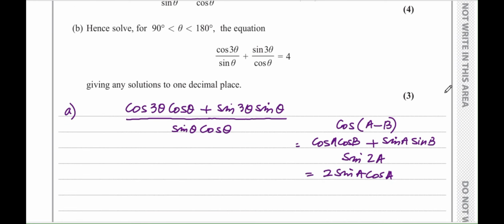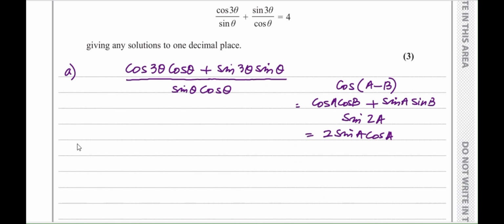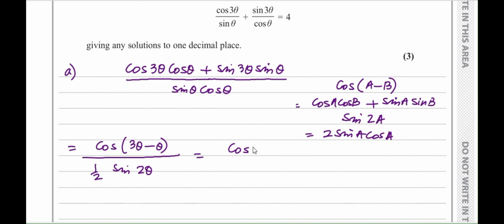So the numerator would become cos of 3 theta minus theta, and the denominator will become half of sin 2 theta. This follows cos 2 theta over half sin 2 theta.